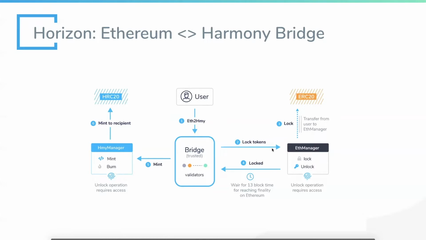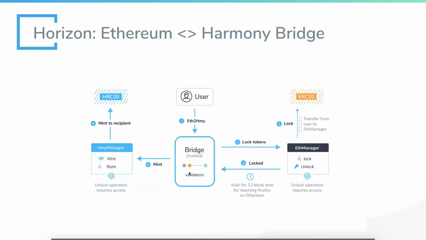And the other transaction is to perform the lock, or transfer the token from the user to a smart contract on the Ethereum side. The bridge hosts a set of trusted validators who are going to listen and perform a 13 block wait and make sure that the user's lock transaction has been finalized on the Ethereum side.